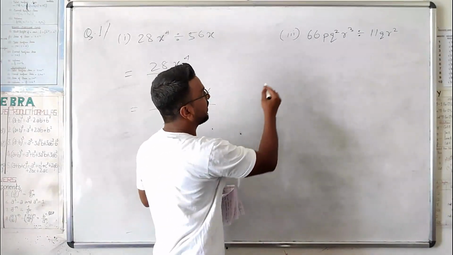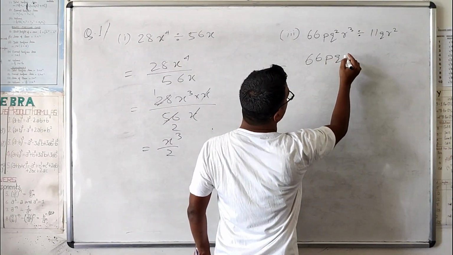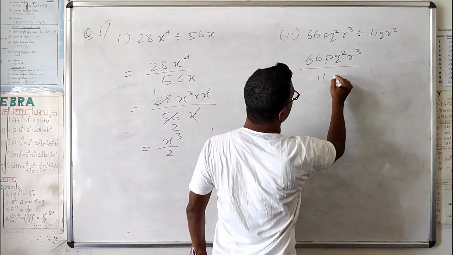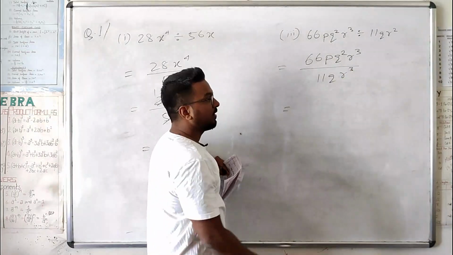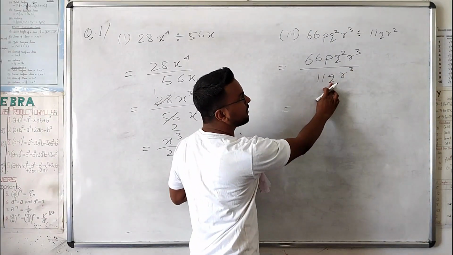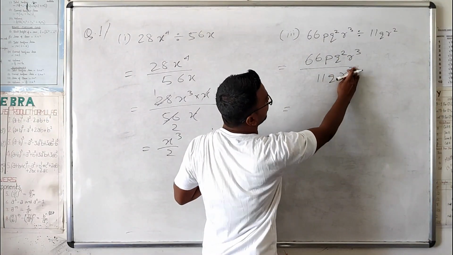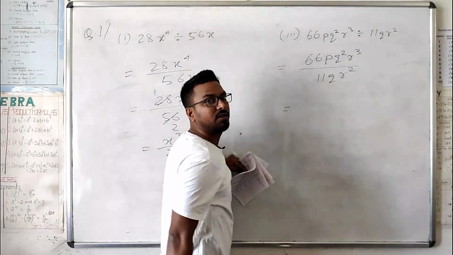Moving to the next question. Here it is given 66 p q square r cube divided by 11 q r to the power 3. Now here you see, minimum, how many are there? 1, here 2, here r, so r square and this is r cube.